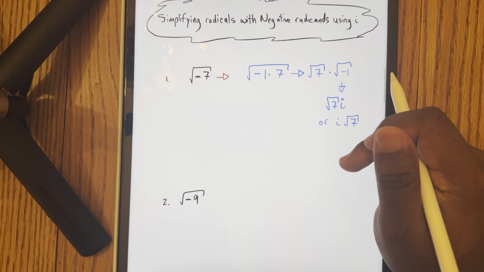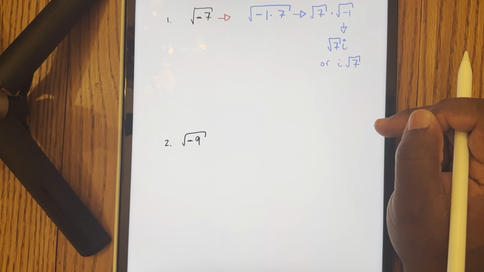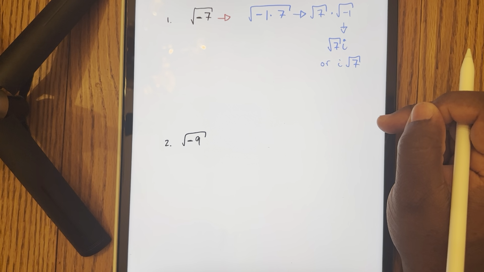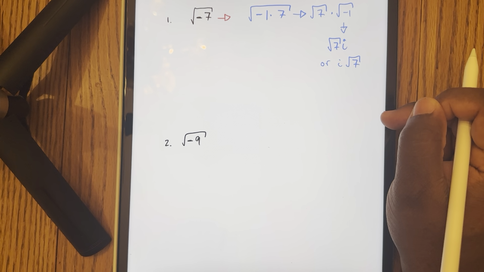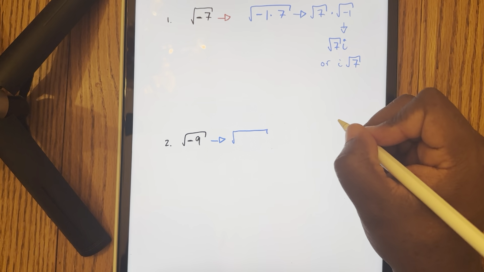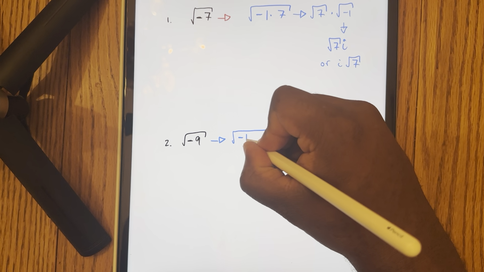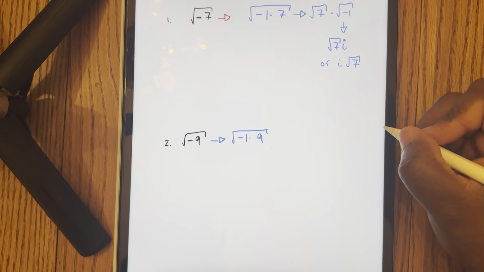Okay, let's try another question. Feel free to stop the video and try this on your own to see if you get the answer as well before I do. Just good practice. Okay, so square root of -9. Well, we can do the same thing like we did for question 1, right? We can split this as the square root of -1 times 9, right?